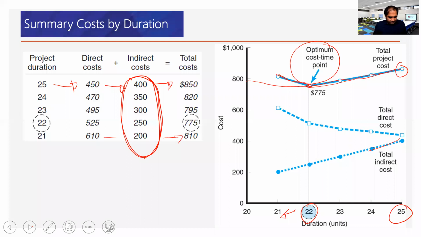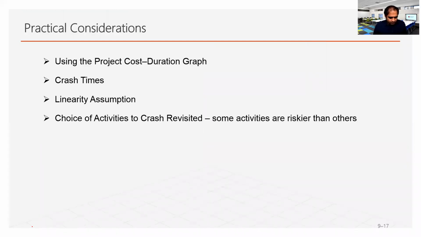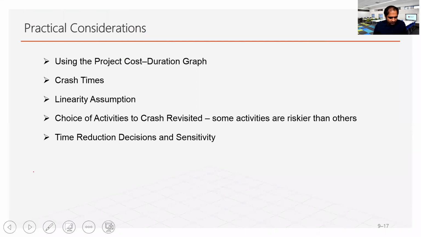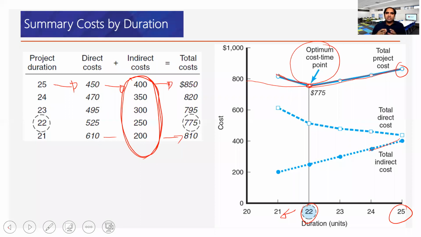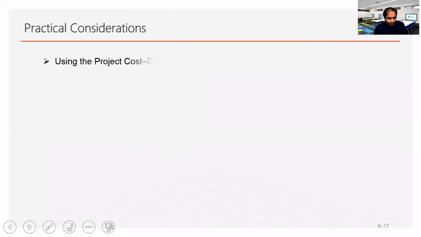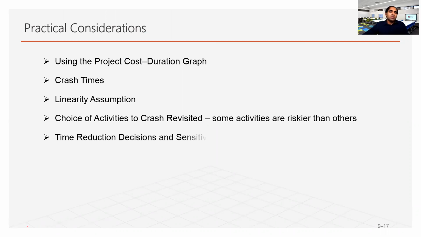So a very simple systematic approach of constructing the cost duration graph and finding the optimum point. There are some practical considerations, such as the crash time or the maximum limit you can crash.